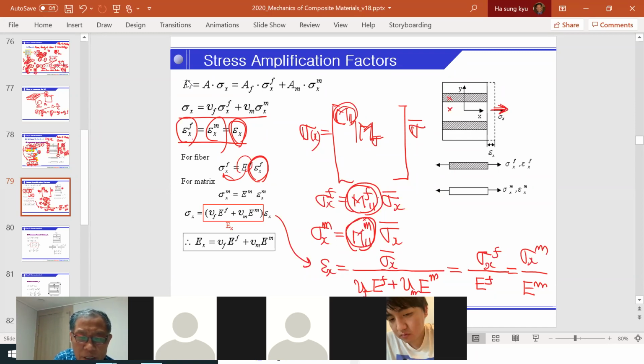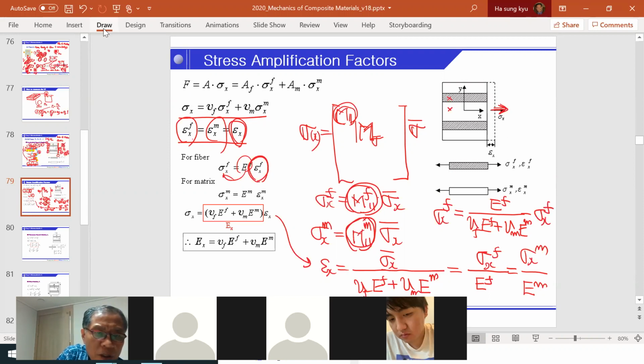So from this, as you can see, sigma x of the fiber will be Ef times sigma x bar divided by Vf Ef plus Vm Em.